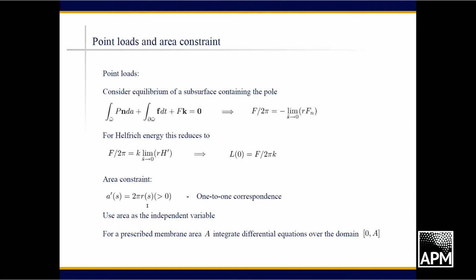So the convenient way to proceed is to integrate the equations for this area variable between 0 and a prescribed total area, and rather than use arc length. So that's the procedure we will use.